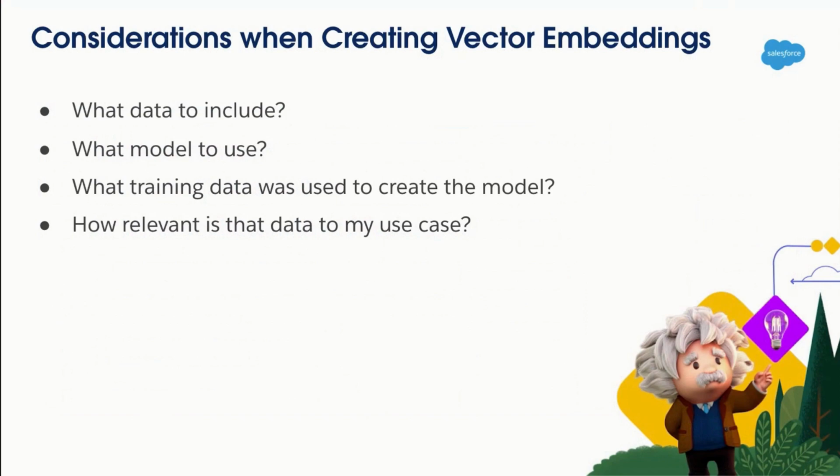So for example, if I wanted to build an application that dealt with a lot of really technical language, or maybe domain specific, maybe medical, or other really topic specific language, a model that was trained on a more general corpus like Yahoo Answers or Wikipedia might not give me the best results compared to something that is trained on data specific to that domain.